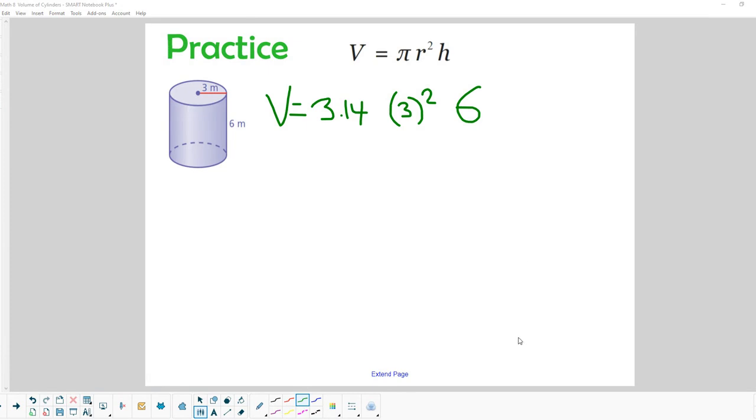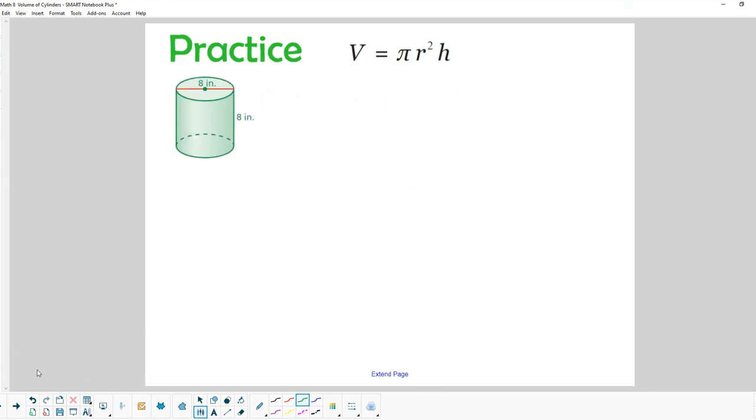So 3.14 times 3 squared times 6 equals 169.56. Now this doesn't say anything about rounding, so I'm going to go ahead and write it out to the tenths or hundredths. So that would be meters cubed.